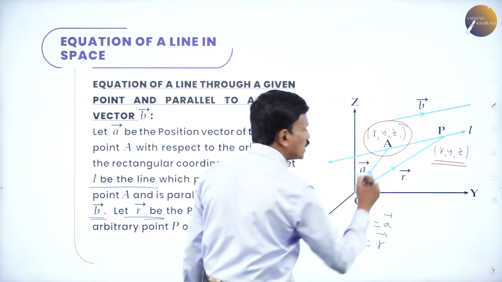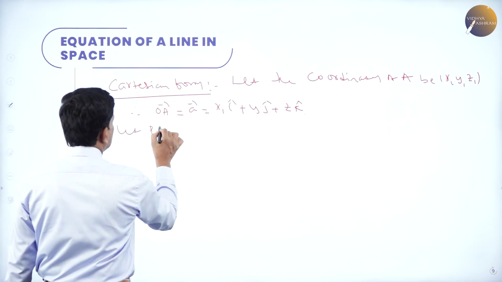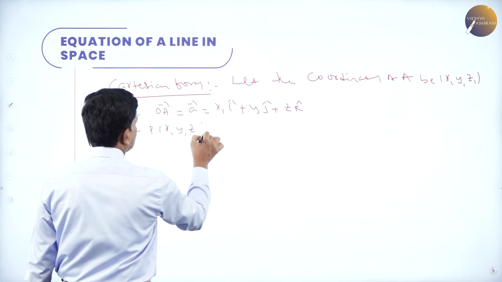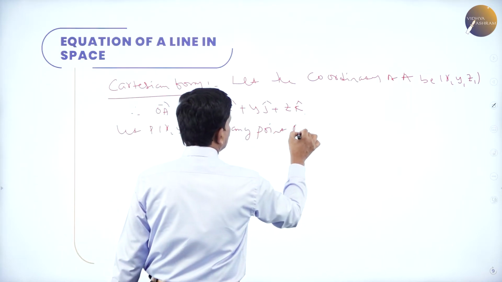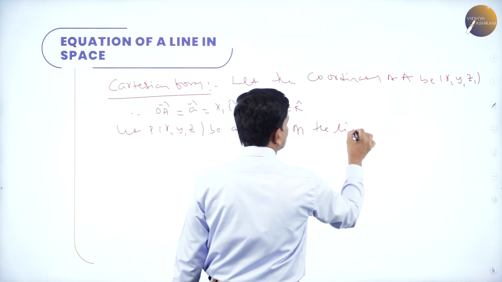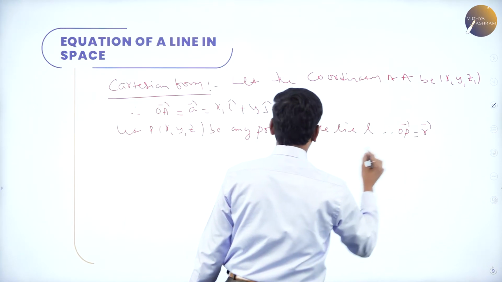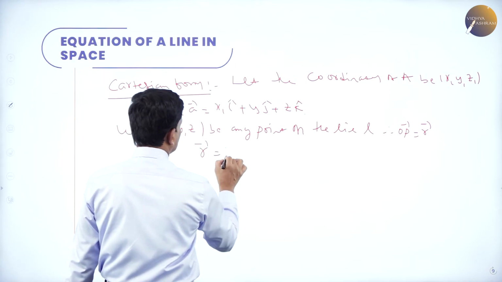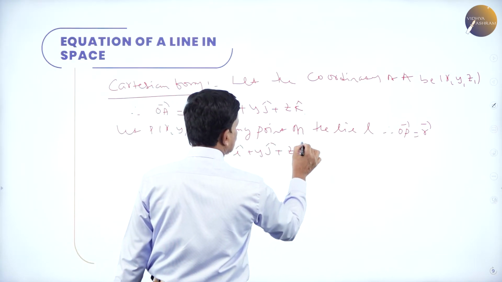Therefore, OP is nothing but vector r. So let P(x, y, z) be any point on the line L. Therefore vector OP = vector r, so vector r = xi + yj + zk.